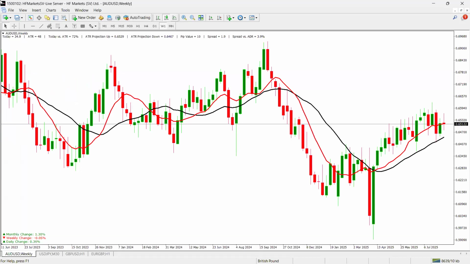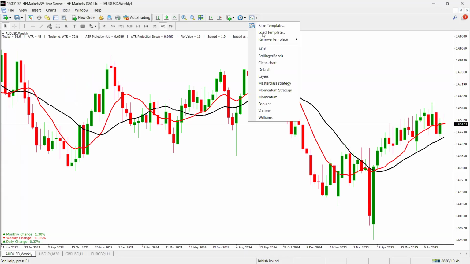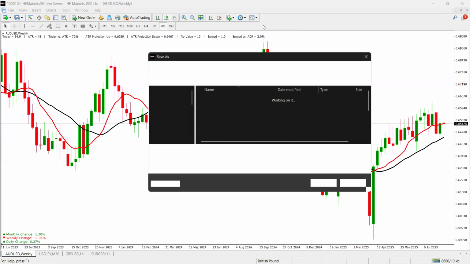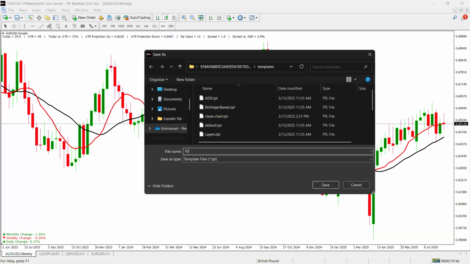The moment you switch a time frame, you must also switch your screen. And by the way, you don't need to stress yourself. You can save this and call it 10 20 SMA short term.